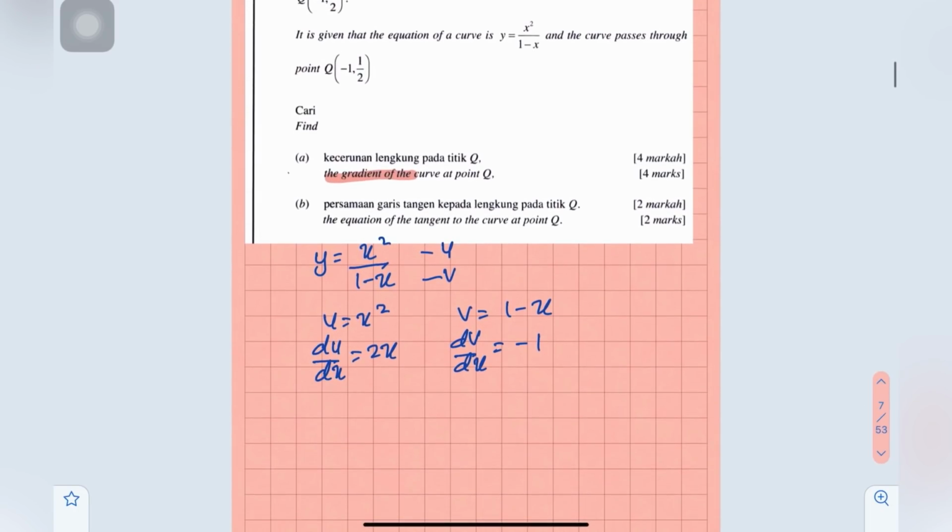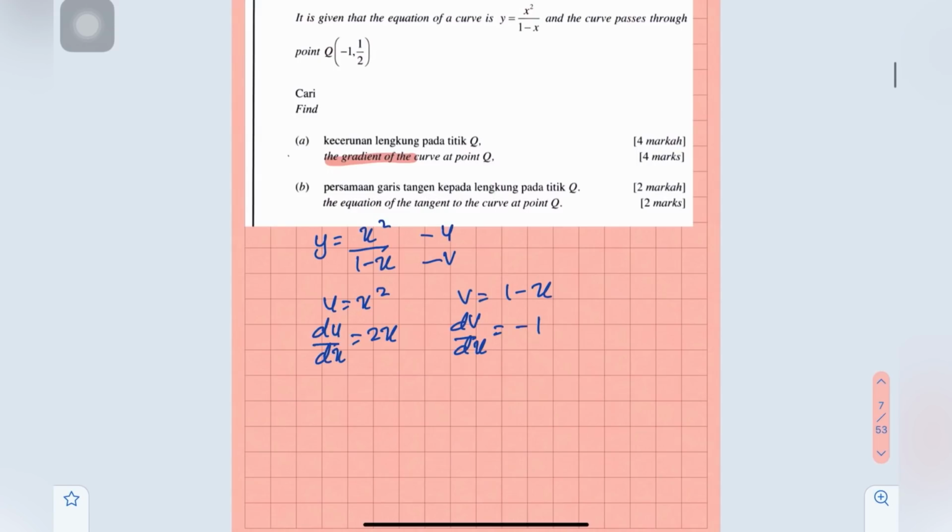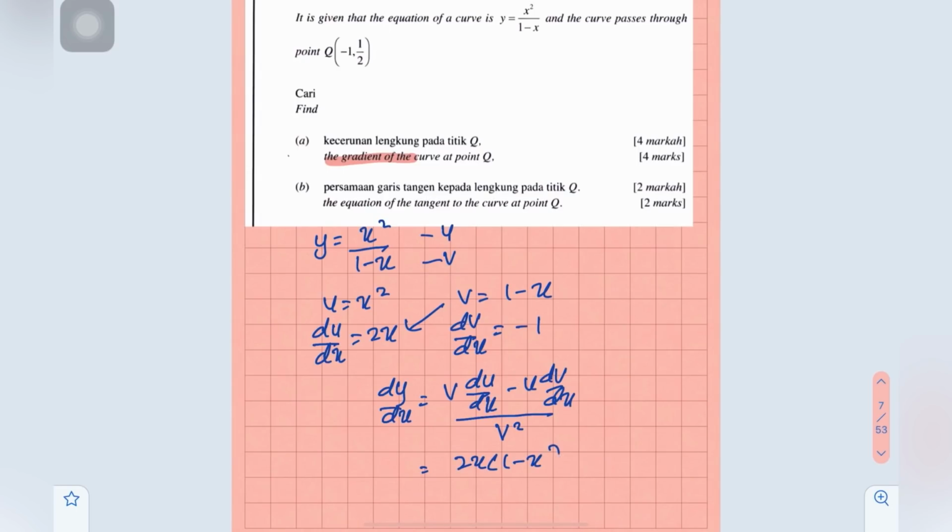Okay, so gradient is dy dx. So, dy dx, the formula is v dulu sebab quotient kan. V du dx minus u dv dx over v squared. Jangan lupa. Okay, so then v first, darab dengan ni, this one 2x, 1 minus x, minus this one darab this one.